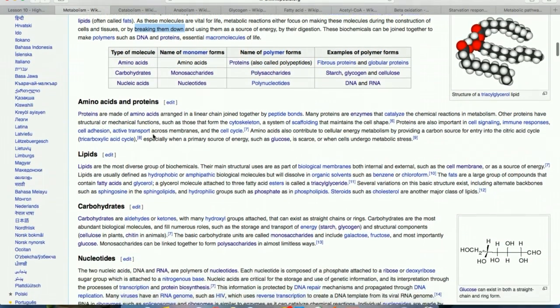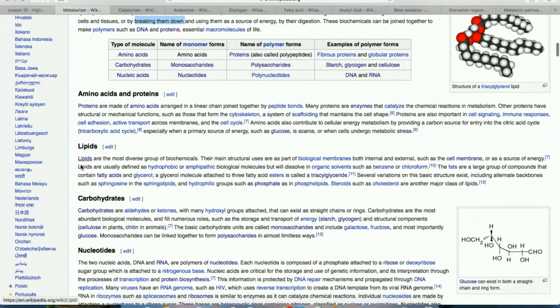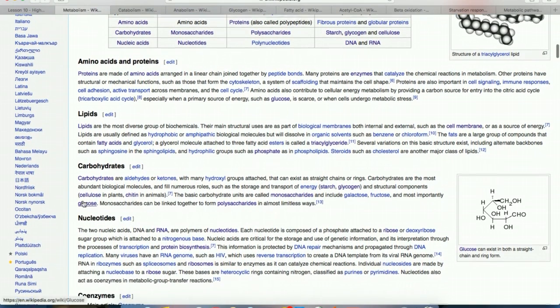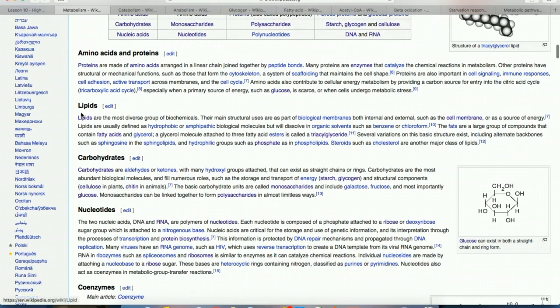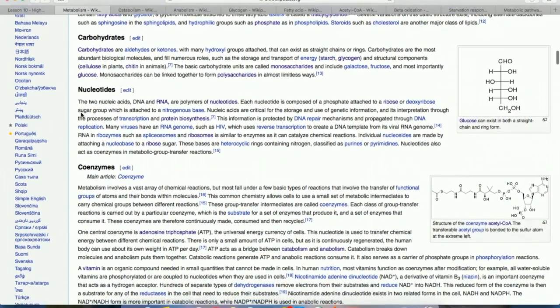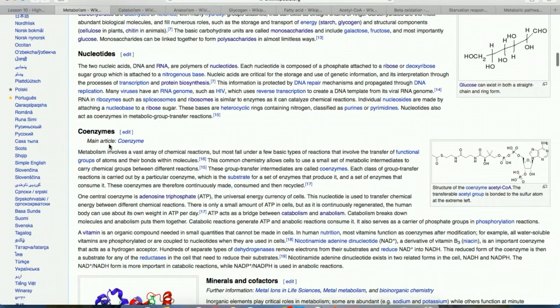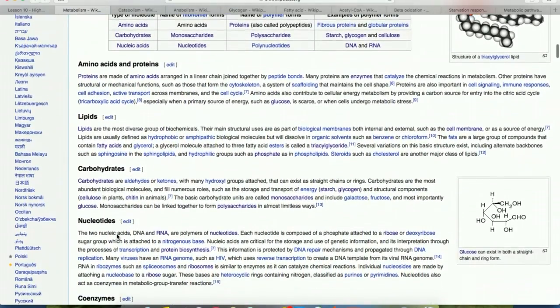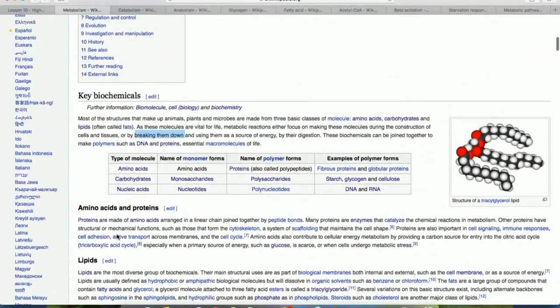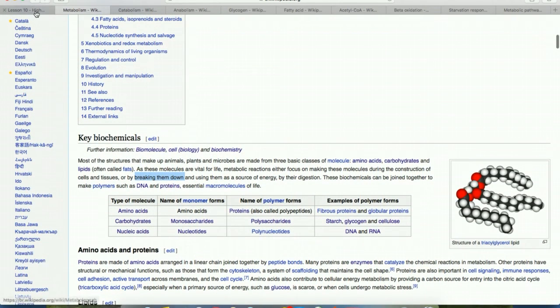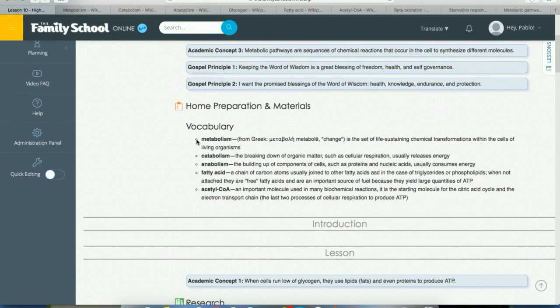Oh, and here they explain further how each one of those are used. They include lipids here, which we hadn't seen before. And I could read more about coenzymes also, what they are. So for now, that is good. So now I know about metabolism, okay?